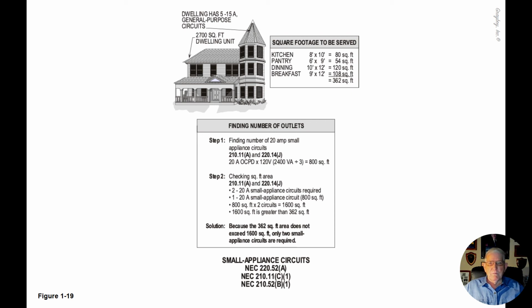So this figure 1-19 is dealing with the number of small branch circuits that you would need based upon the square footage of the dwelling, based upon the square footage of the kitchen, pantry, dining room, and breakfast room.